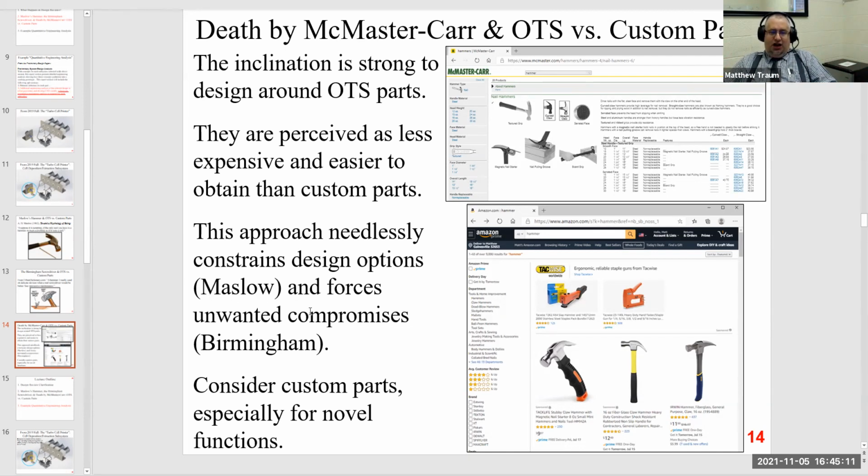It also forces unwanted compromises, which is the Birmingham screwdriver, right? The Birmingham screwdriver is, I know I need a screwdriver. What I have available to me is a hammer, and I'm just going to use the hammer to pound in this screw in hopes that it'll behave like a nail and that that'll be good enough.